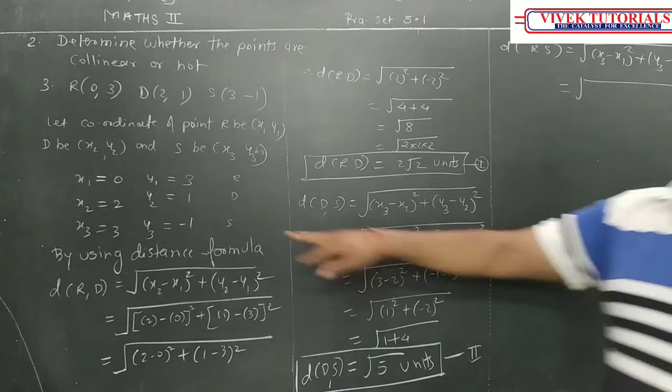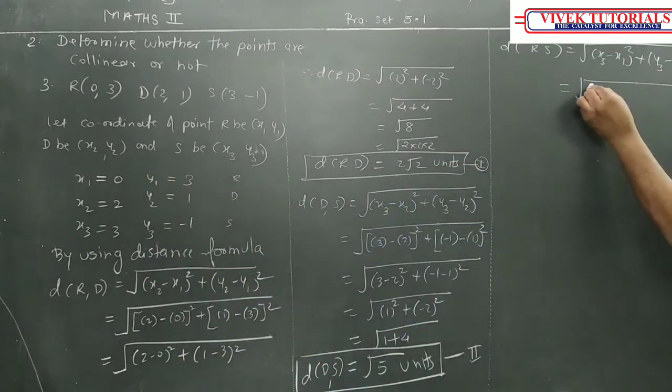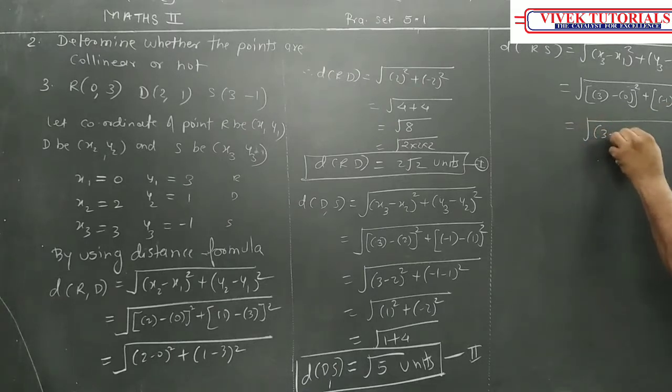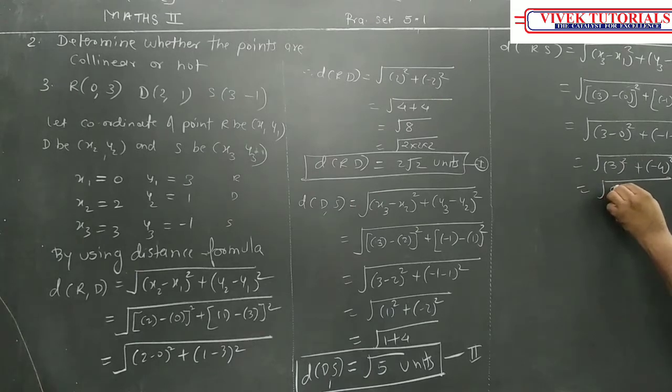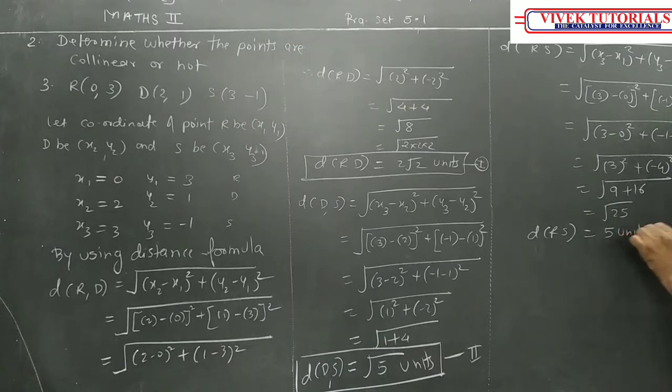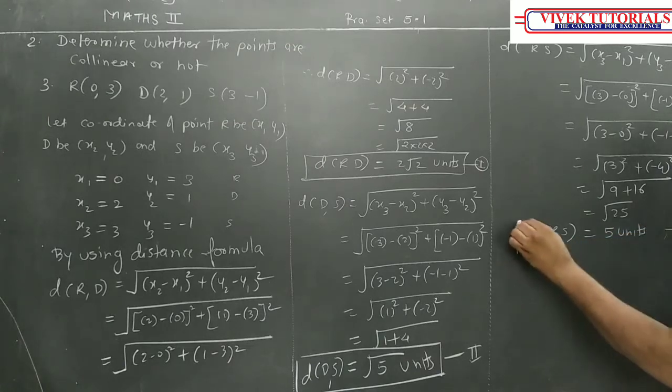So, 3 minus 0 the whole square and -1 minus 3 the whole square, that is equal to 3 square plus 4 square, that is 9 plus 16, which is the square root of 25. So distance RS is equal to 5 units. That is equation number 3.